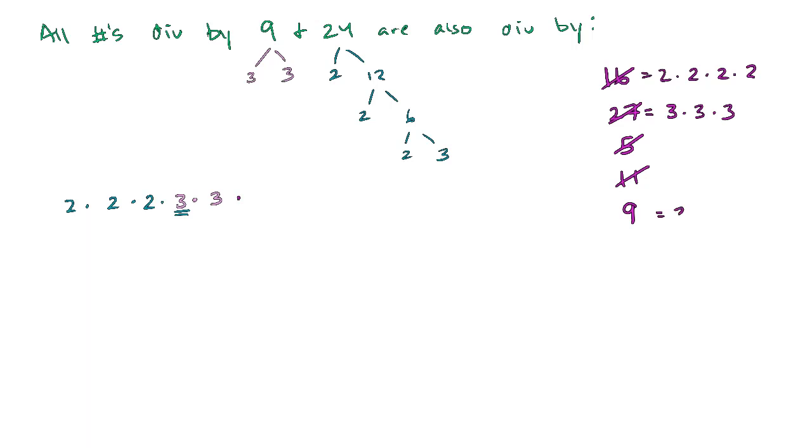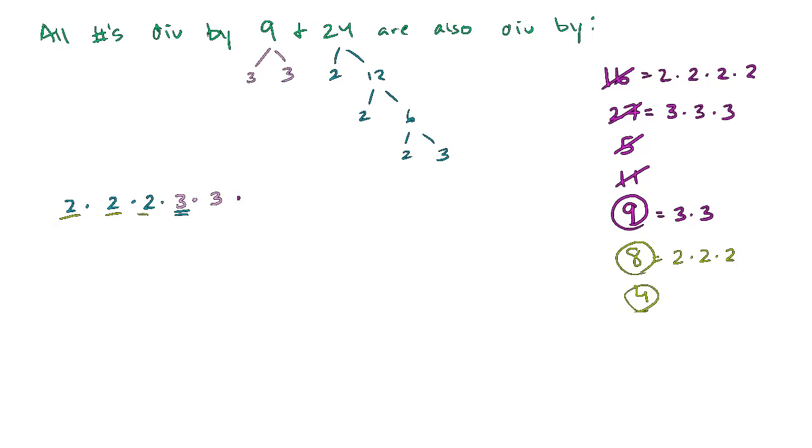9 is equal to 3 times 3. And actually, I just realized that this is a silly answer, because obviously all numbers divisible by 9 and 24 are also divisible by 9. So obviously 9 is going to work, but I shouldn't have made that a choice, because that's in the problem. But 9 would work. And what also would work is if 8 was one of the choices, because 8 is equal to 2 times 2 times 2, and we have a 2 times 2 times 2 here. 4 would also work.